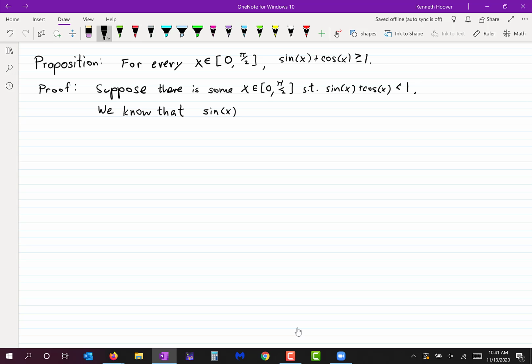So sine of x is equal to or greater than 0, and cosine of x is equal to or greater than 0, since x is somewhere from 0 to pi over 2.